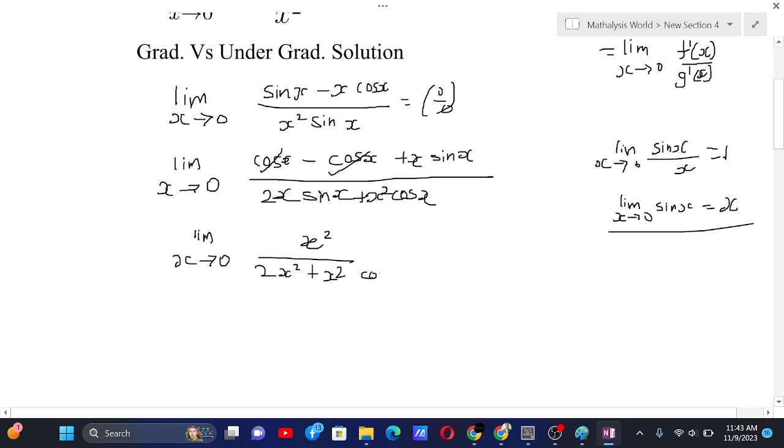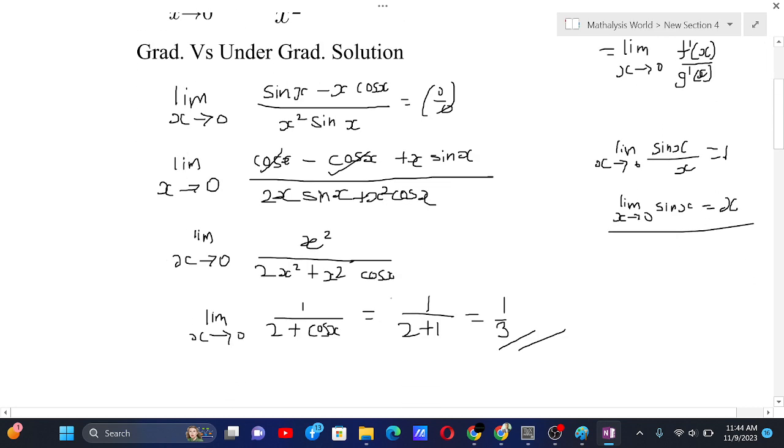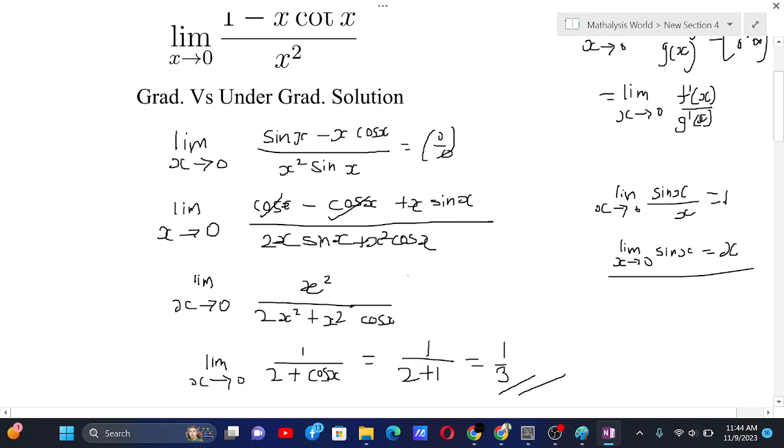Now we can cancel the x squares to get the limit as x tends to 0 of 1 by (2 plus cos x), which gives 1 by (2 plus cos 0), and cos 0 is 1, so 1 by 3 is the answer for this problem, a nice solution through L'Hopital's rule.